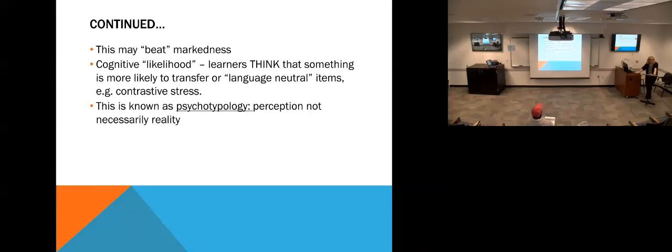Not the red umbrella, the blue umbrella. And that's because of what we call heavy end stress, which means the stress moves all the way to the end of the phrase. So the contrastive stress that's supposed to be the point of the whole exercise disappears, okay? And so it is not a language neutral item, in fact.